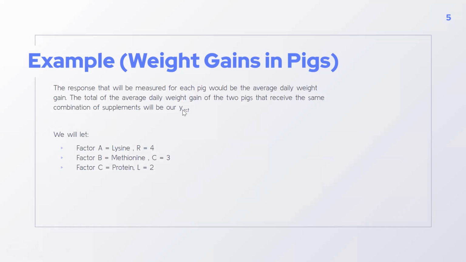So parang sinasabi niya na ito yung weight ng certain amount of lysine, certain amount ng methionine, and certain amount of protein. So parang siya po yung result ng iba't ibang combinations natin. And mas maiintindihan po natin ito pag na-present na po yung table.